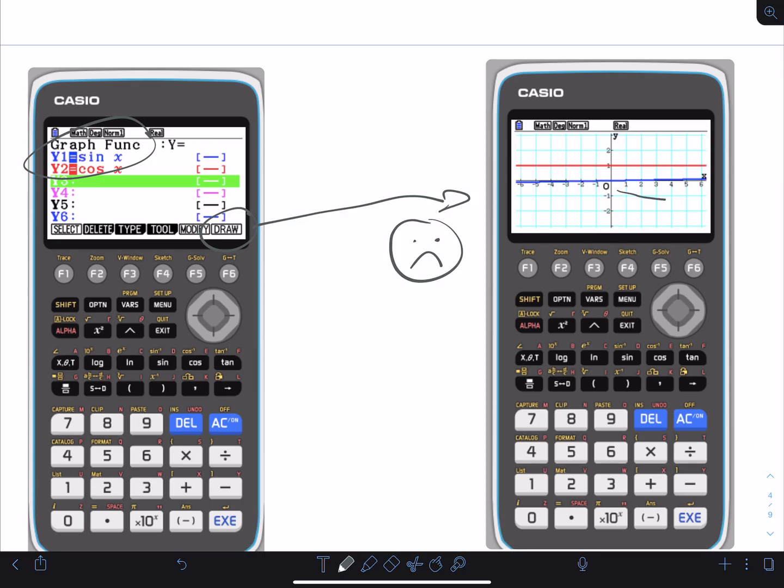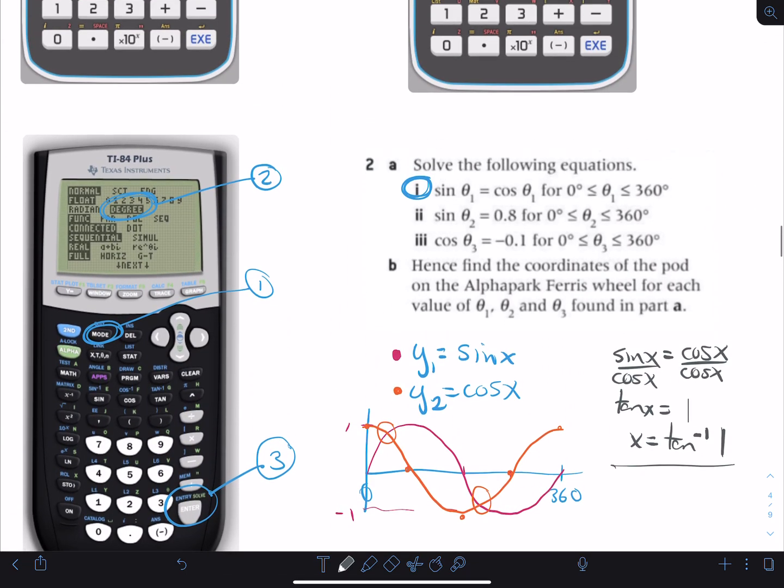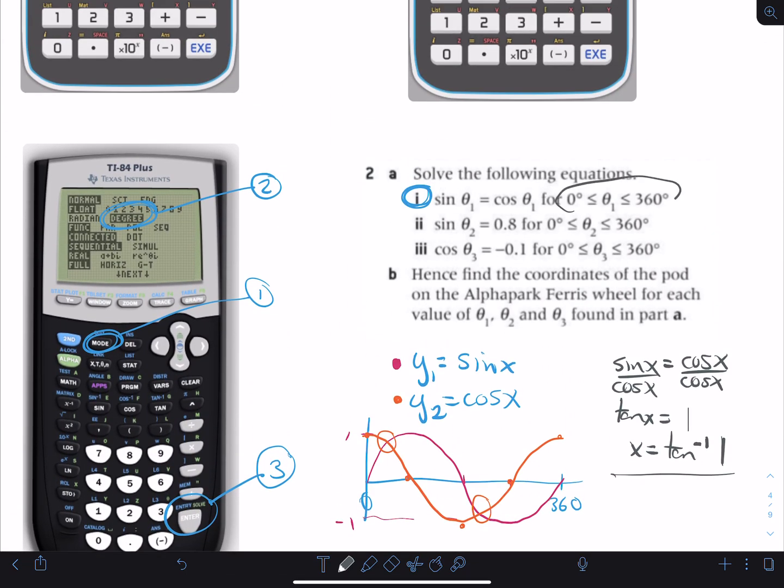Why is it looking so silly? Because if you take a look here, that's only 6 degrees. And you're also going into the negatives. That's not what I'm looking for. If we go back to this, I'm looking for all the answers between 0 and 360 degrees.